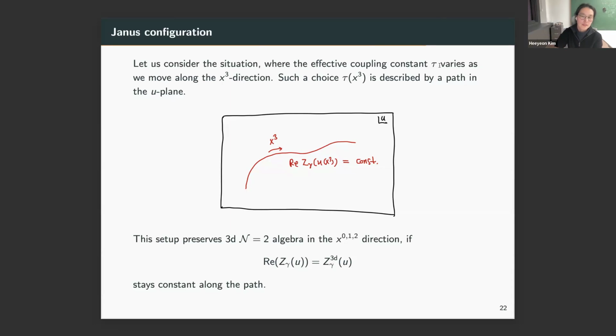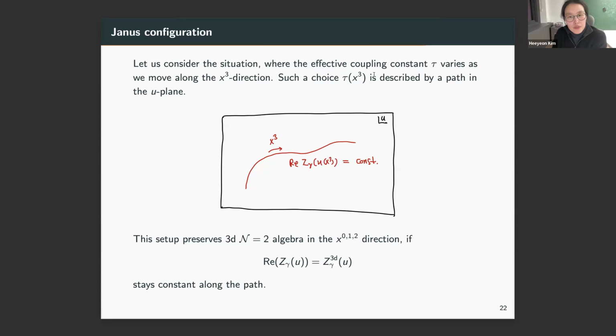We have an effective coupling constant τ of the 4D effective abelian gauge theory. And we consider this coupling constant τ varying as we move along the x3 direction, where this x3 direction is the direction that we are going to compactify on to go down to 3D.